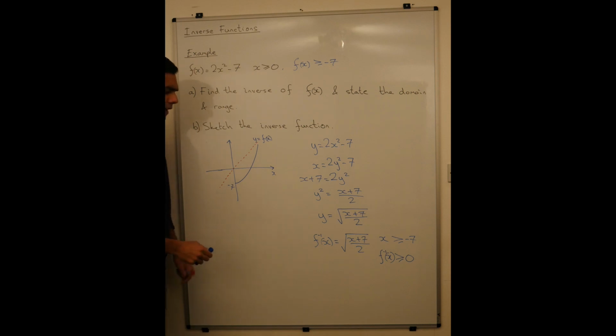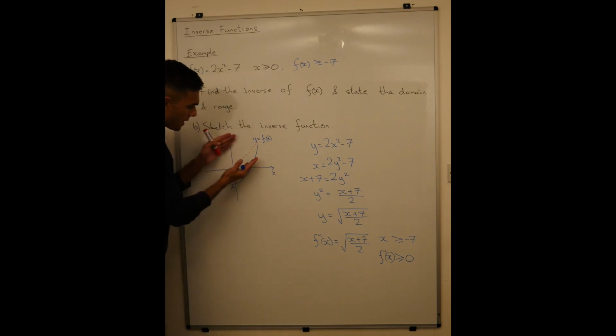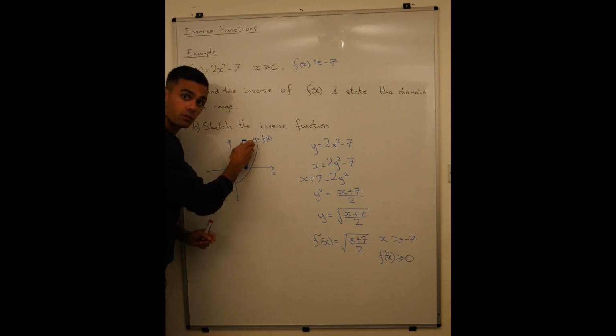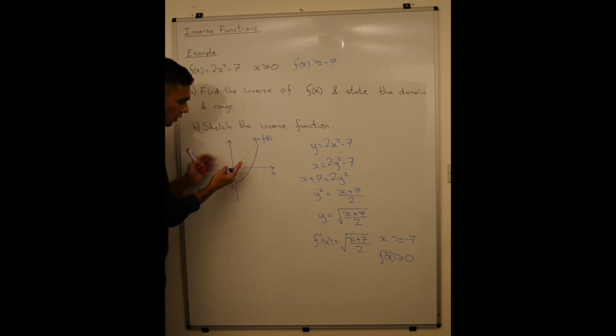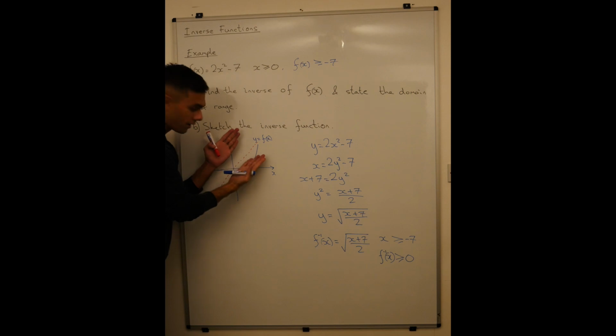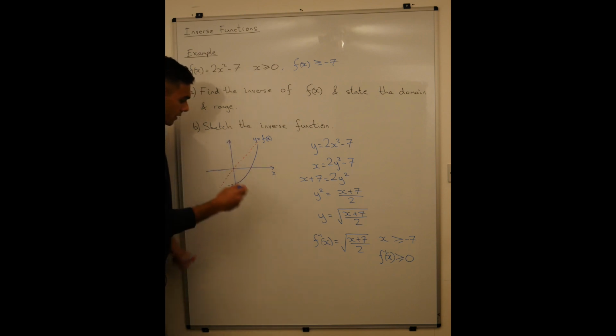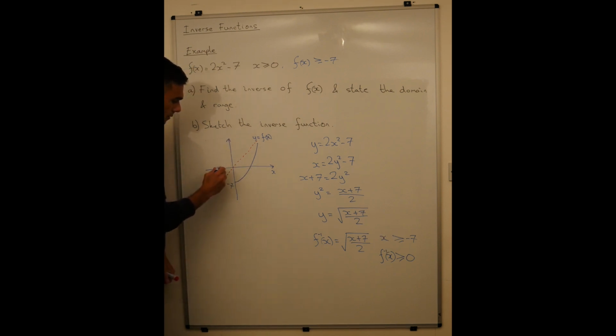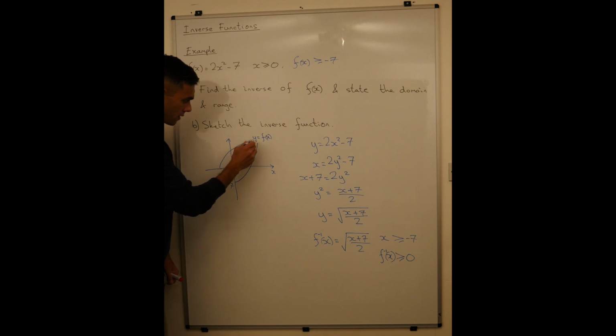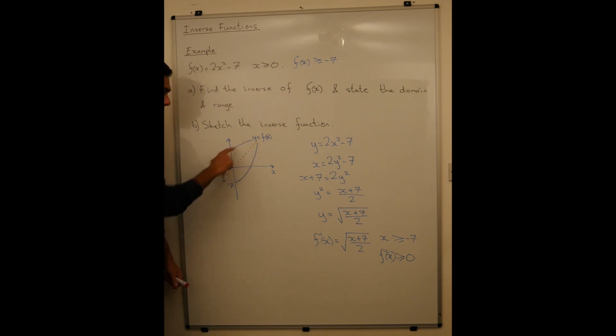If you find it difficult to reflect it, what you could do is maybe just move your paper so the reflection line is vertical. You might find that a bit easier. Or you could imagine this kind of like the middle of a butterfly, and the wings of the butterfly are going to be symmetrical either side as they flap. I don't know if that works for you or not, but anyway, that is what our inverse curve should look like. So let's label it.